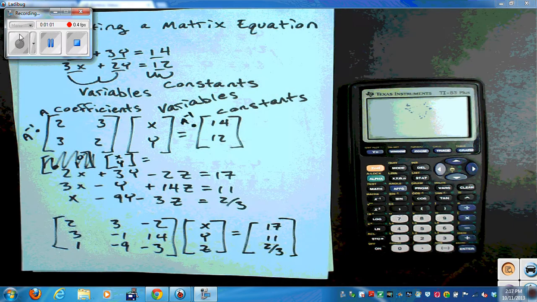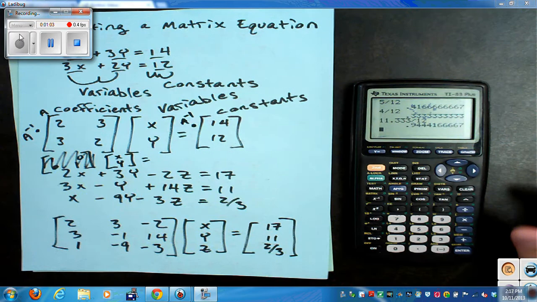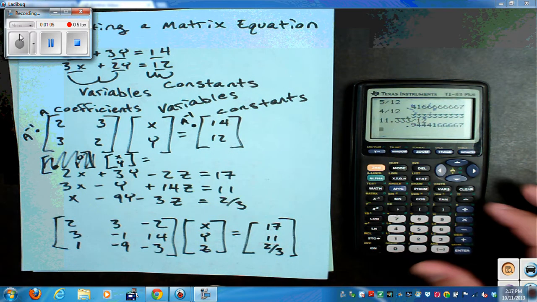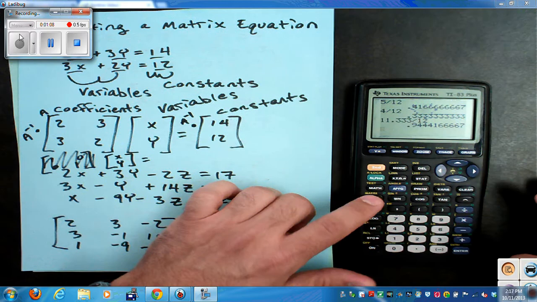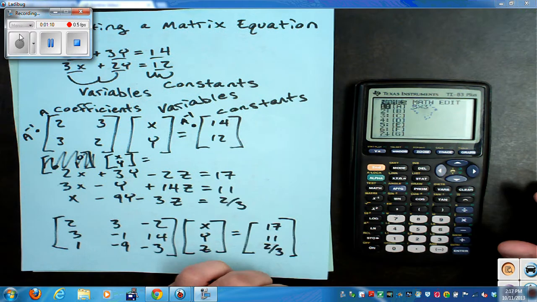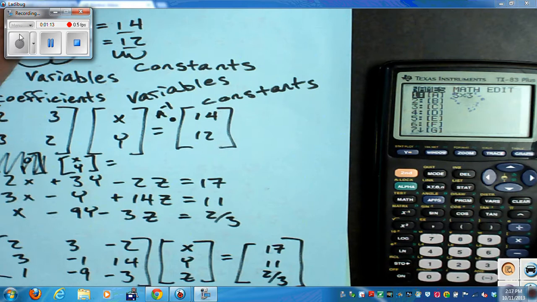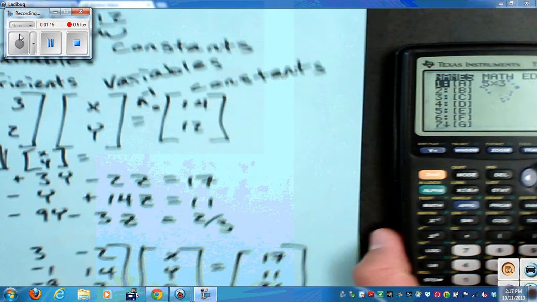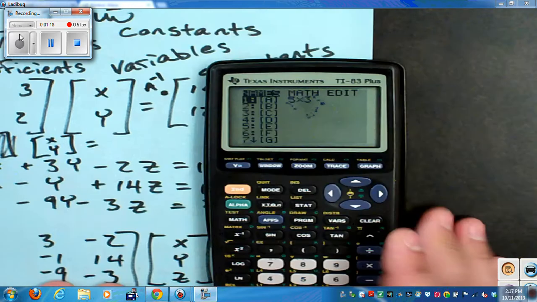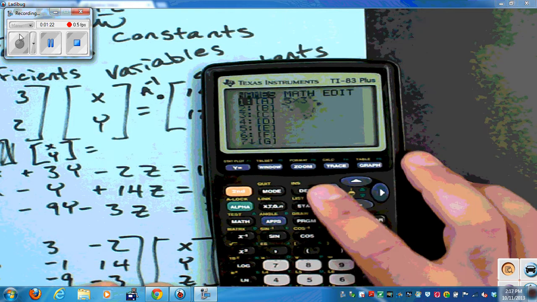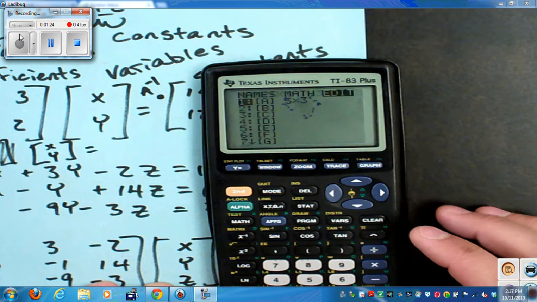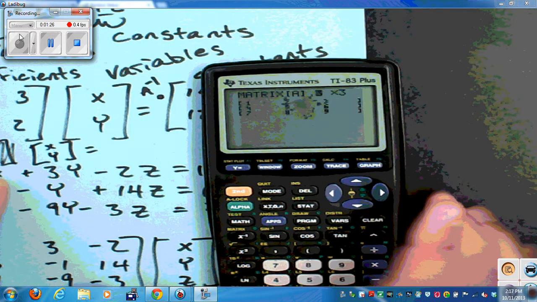So the first thing I'm going to do is turn it on. I'm going to go to the matrix screen, which is right here, second, and this button. See if I can zoom this in a little. Now the first thing I want to do is edit my matrix. I'm going to be putting in two matrices. The first one is going to be all of my coefficients.